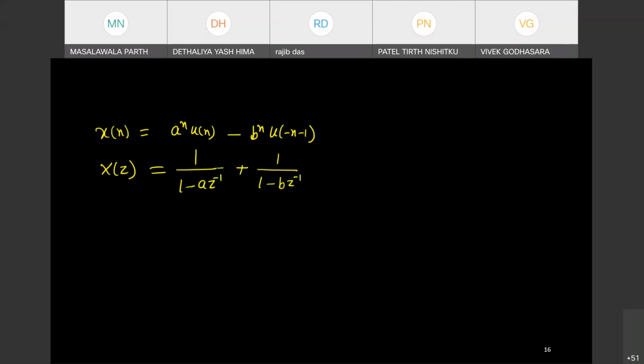Am I correct? But this will converge when the mod z is more than mod a, and this will converge when mod z is less than mod b.